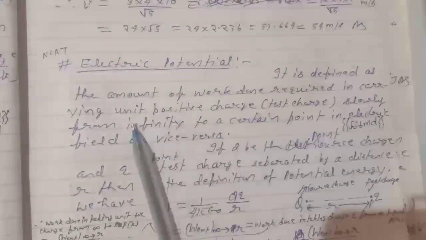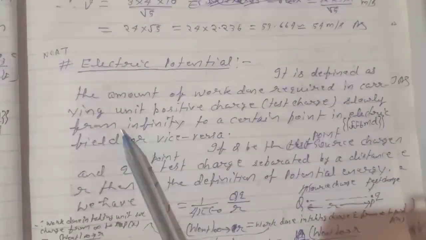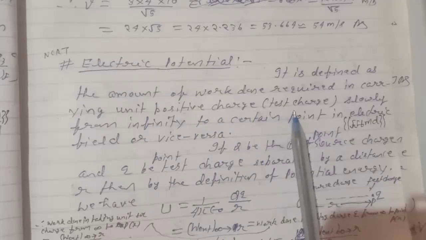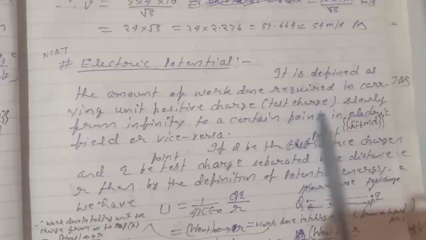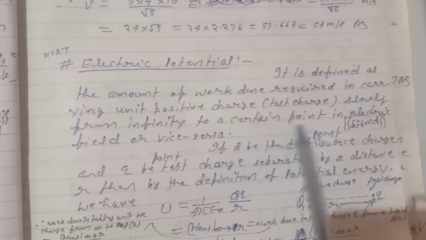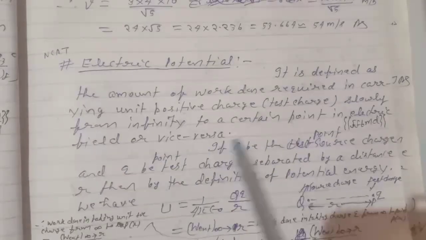It is defined as the amount of work done required in carrying unit positive charge, that is a test charge, slowly from infinity to a certain point in an electric field, or vice versa.